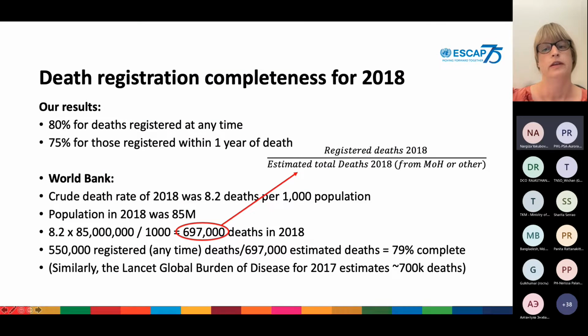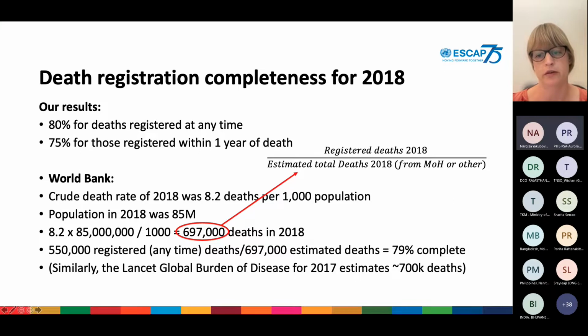In this example, let's say that we found that 80% of deaths were registered, including delay, and 75% were registered within a year, at the national level. What we might do is compare our estimate to some other sources, and look at other options for our denominator.